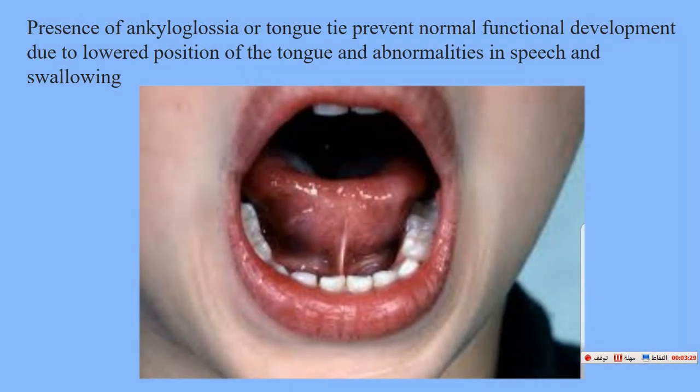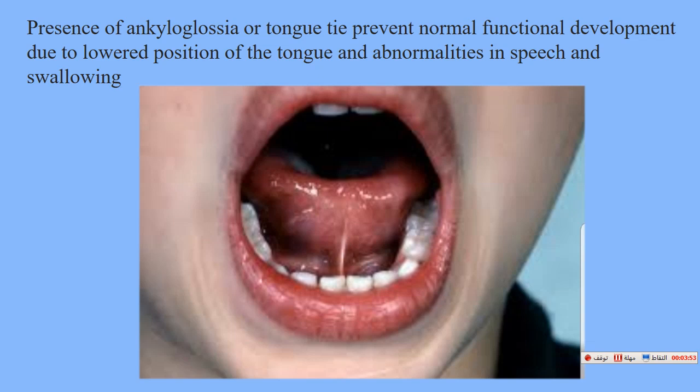Another surgical or preventive treatment is to remove the lingual frenum. As we know, the lingual frenum connects the tongue with the floor of the mouth. If this frenum is thick and restricts the movement of the tongue, we know that the tongue helps us to swallow and to speak.